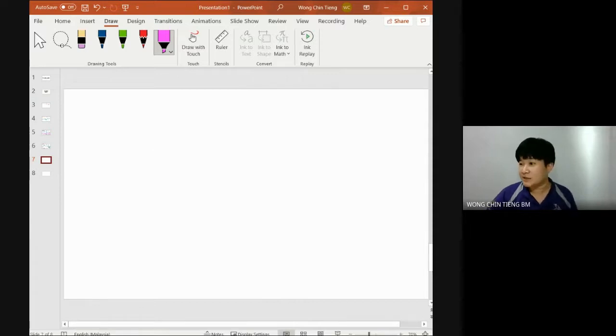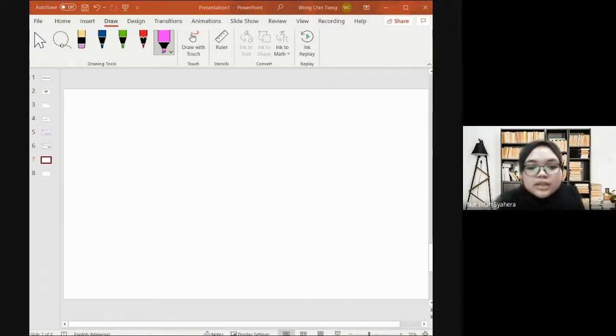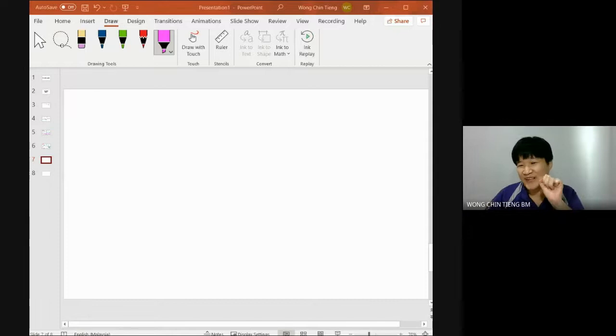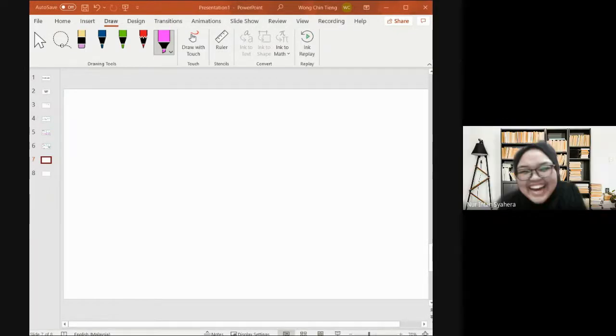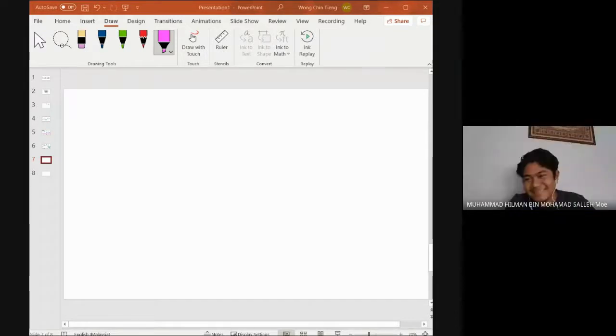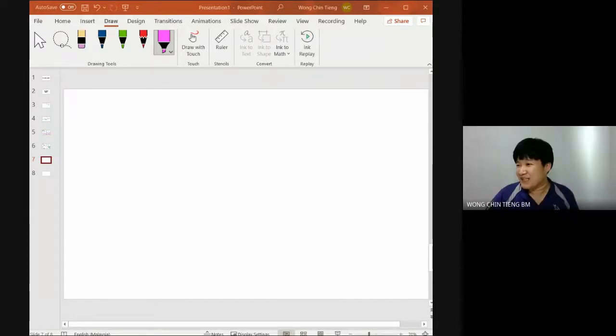Nak acidic medium ke nak basic medium? Kalau Miss tanya mestilah basic. Okay, so basic medium. Senang je. Let's see.